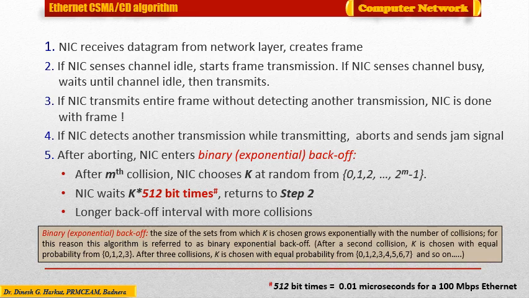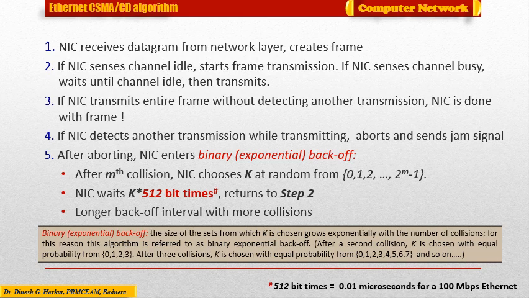While transmitting, the adapter monitors for the presence of signal energy coming from other adapters using the same broadcast channel. If the adapter transmits the entire frame without detecting signal energy from other adapters, the adapter is finished with the frame.